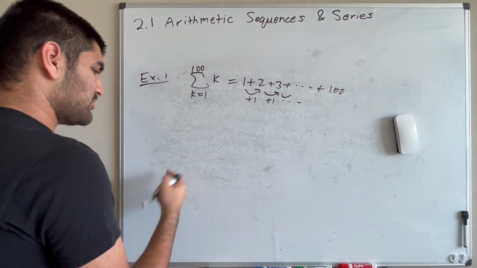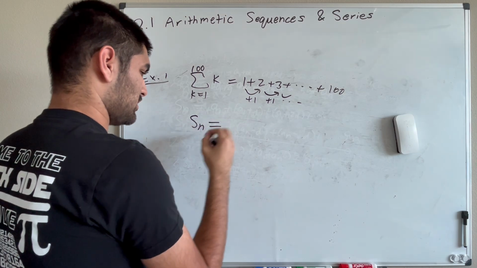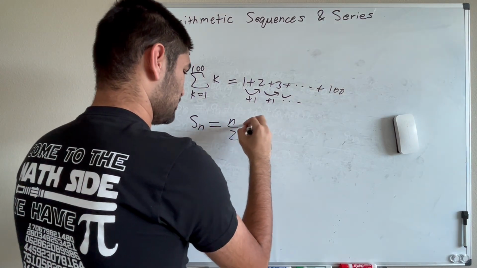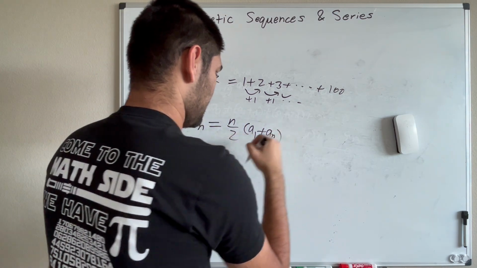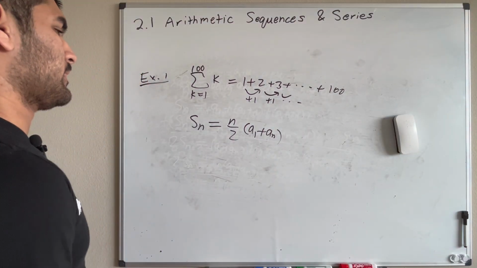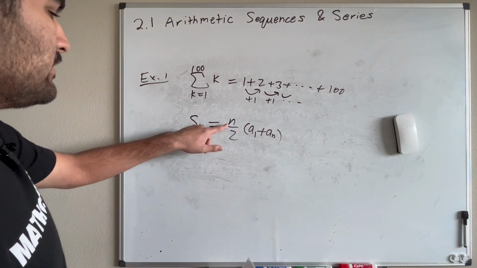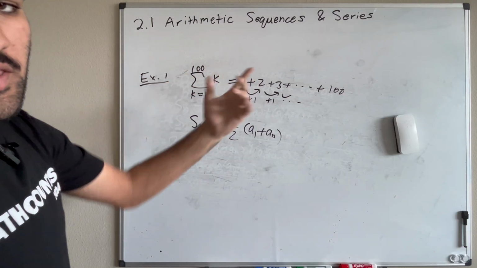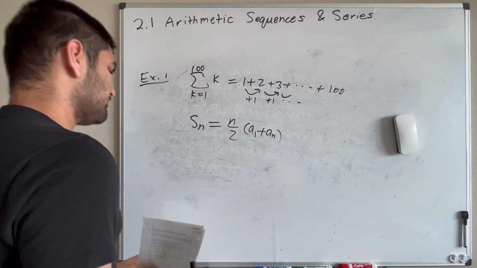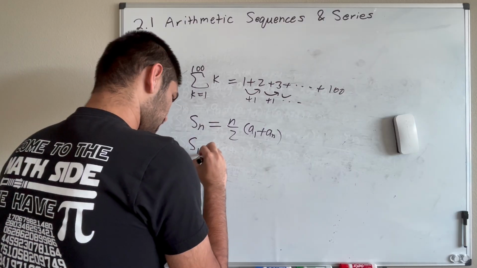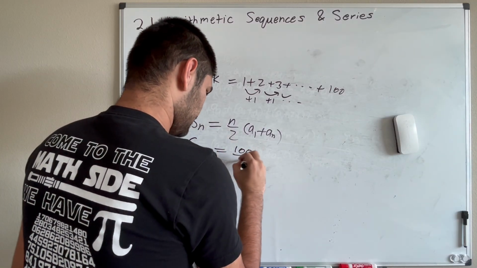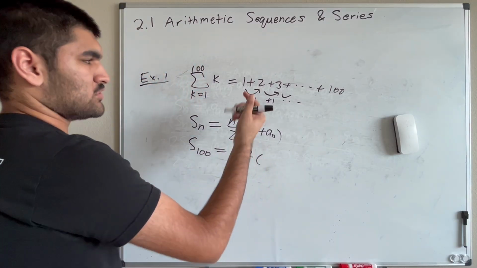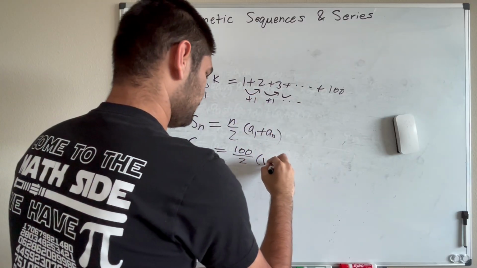So we can use the formula we just found for the arithmetic series, n over 2 times a1 plus an. Okay, so n is the number of terms in the sequence. Well, if you're going from 1 to 100, you're going to have 100 terms, right? So n is 100. And then a1 is just the first term, so in this case 1.